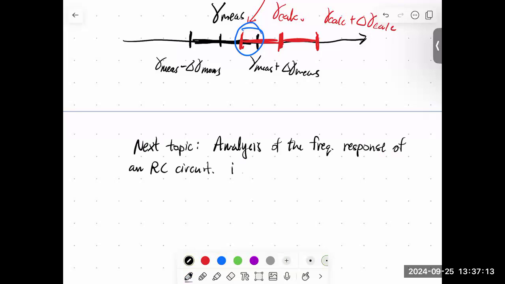And so another way to say that is, if I had an RC circuit, how does I vary with the frequency?